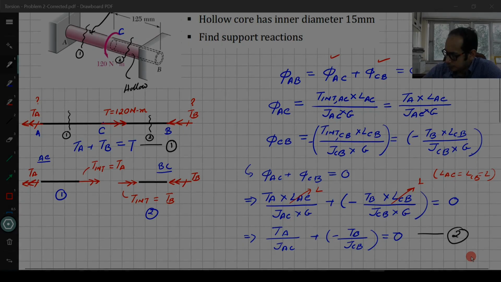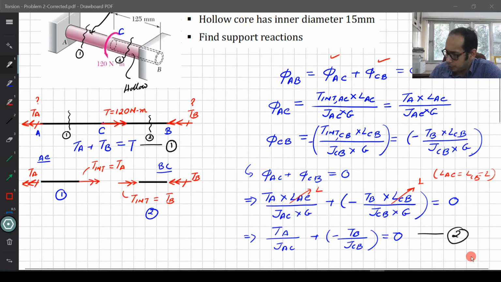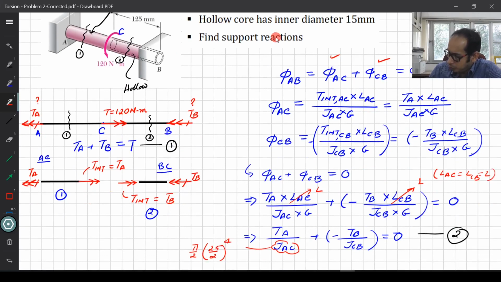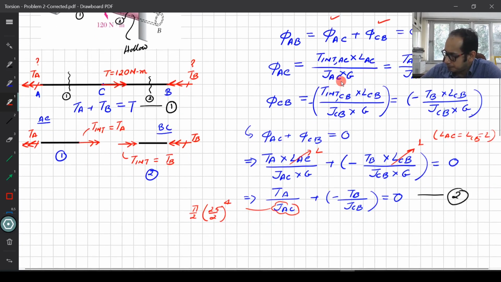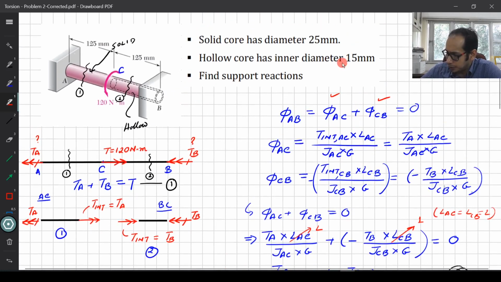So JAC for this part is going to be pi over 2 times 25 by 2 raised to 4, since the diameter is given as 25. Whereas JCB is the hollow part, which has an internal diameter of 15 and an outer diameter of 25.